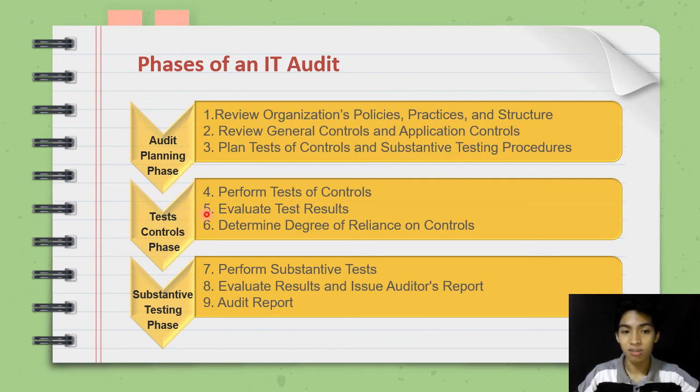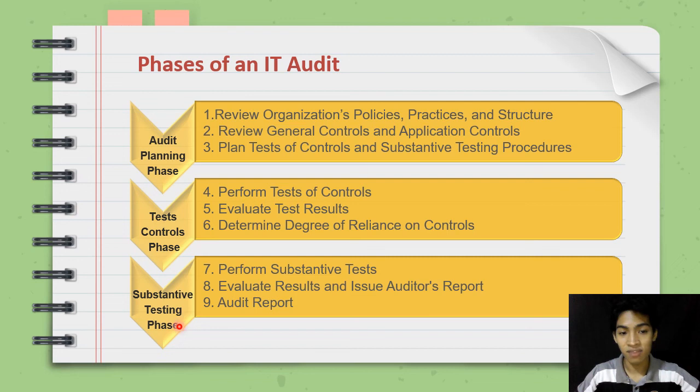Now, for the test of controls phase, this includes the fourth step, which is to perform tests of controls. Fifth one would be to evaluate test results. And sixth one would be to determine degree of reliance on controls.